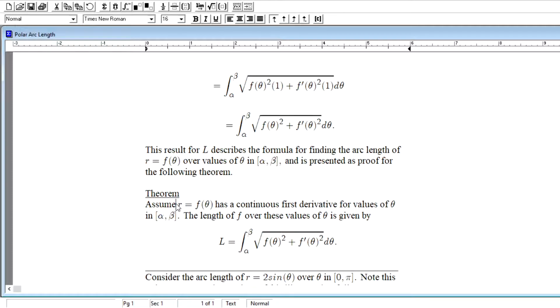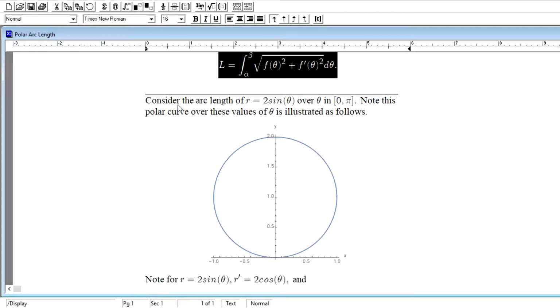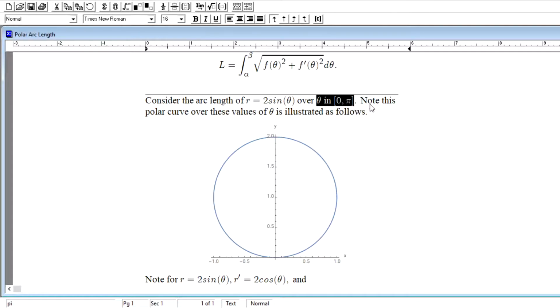Assume we have some polar function that has a continuous first derivative for values of theta in this interval from alpha to beta. The length of f over these values of theta is given by the formula we derived above. Or if we consider the arc length for the case of r equal to 2 sine theta over values of theta in the interval from 0 to pi, this polar curve will be illustrated as follows.